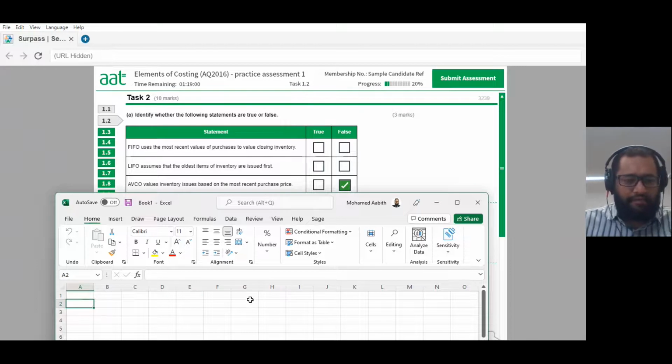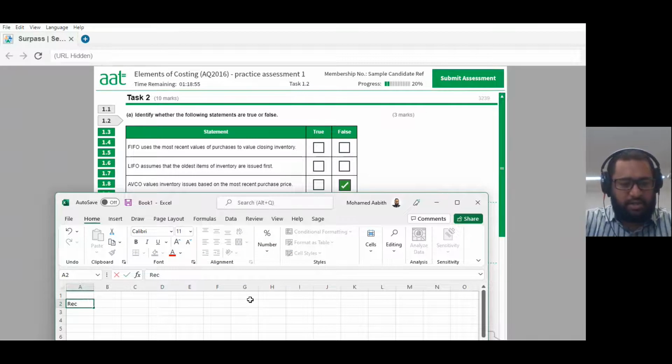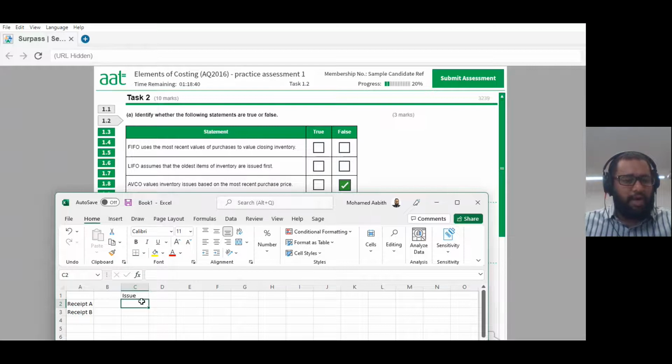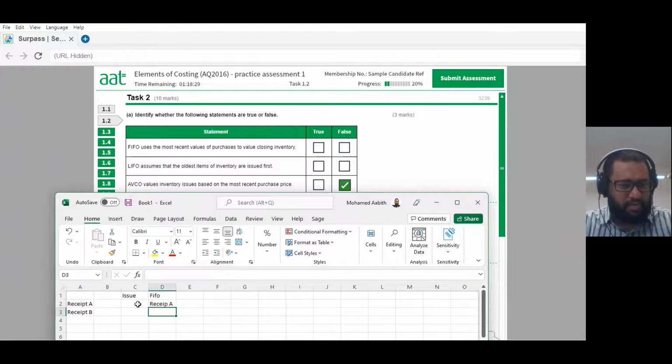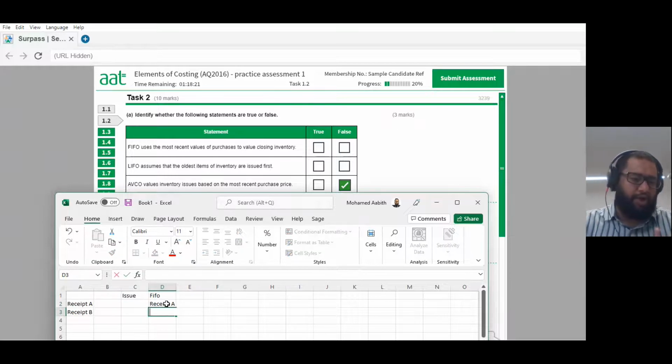So now, FIFO. Imagine this is your receipt A, receipt B. So these are your receipts when it comes to issue. Now if I use the FIFO method, receipt A will be issued first, and then followed by receipt B, but I'm not going to worry about receipt B now.